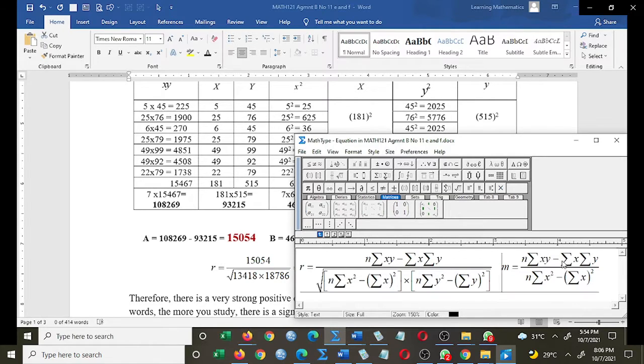What numbers do you think is our numerator here? Let's start with the numerator. What number do you think is coming up there as the numerator? Based on what we are looking at, R is equal to, all these calculations were done. You will take a look at the video in detail and follow it.